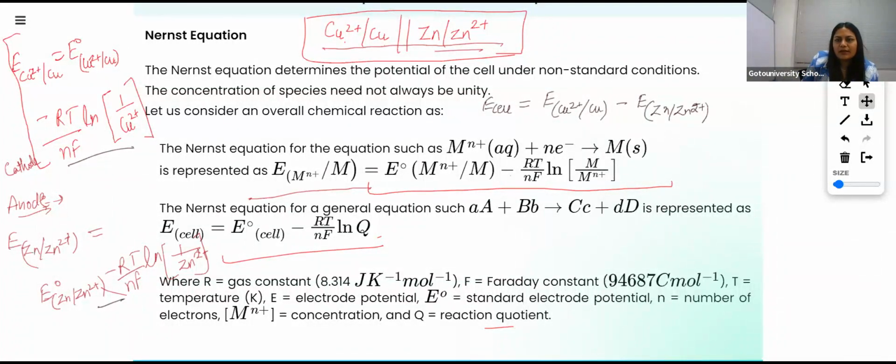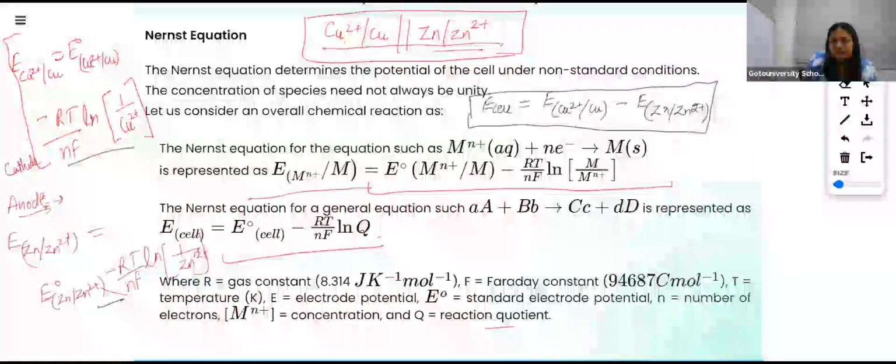By solving them and putting them in this formula, what we get is the standard electrode potential.